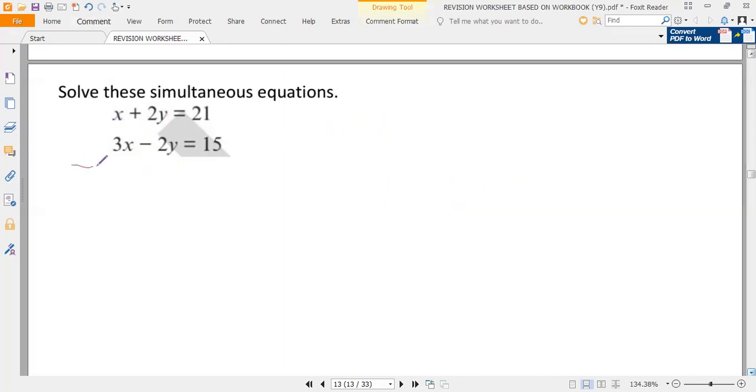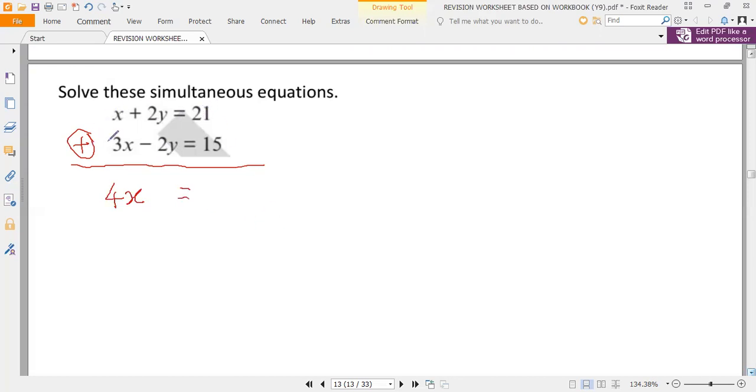So we have decided to plus. So write plus here. That is plus 1 by 1. x plus 3x. In total, it becomes 4x. 2y plus negative 2y turns out to be a 0, so you do not have to write it.